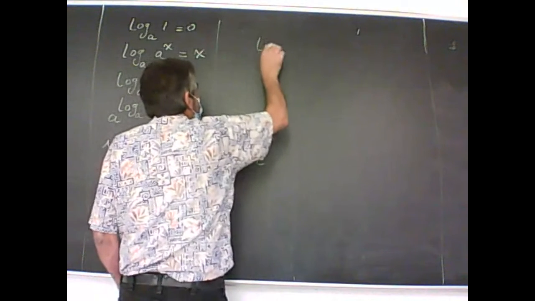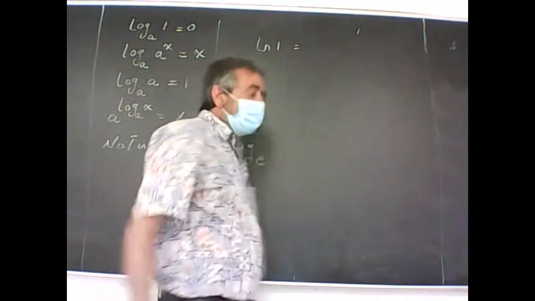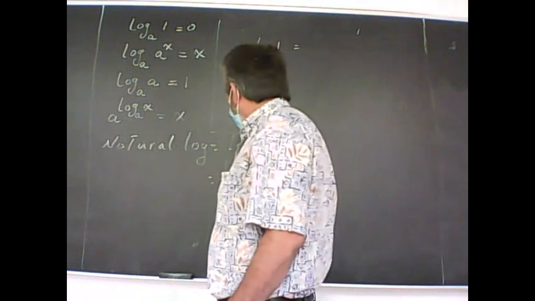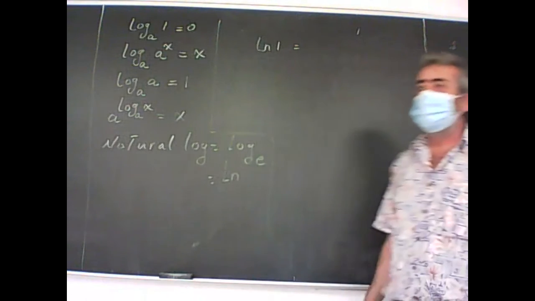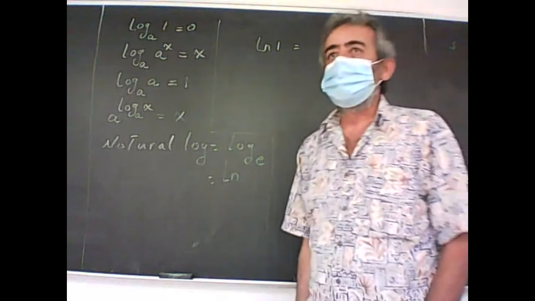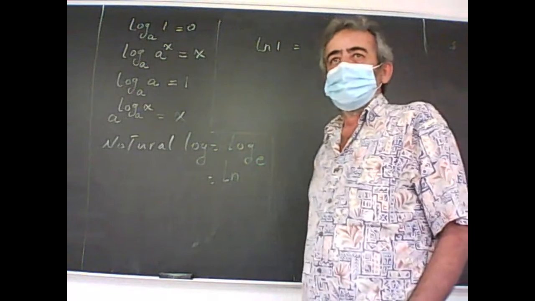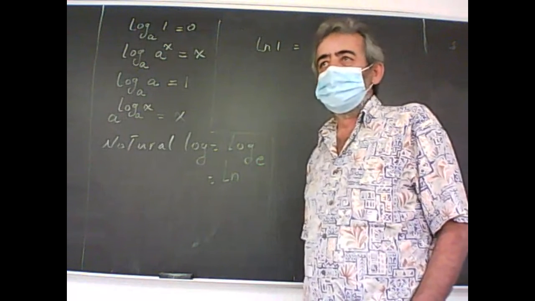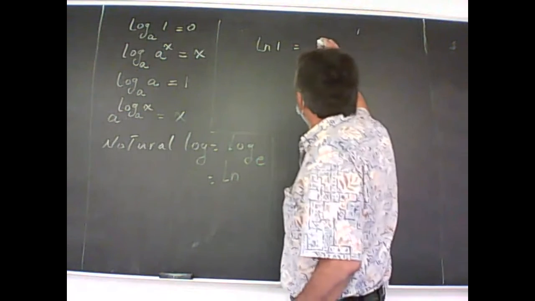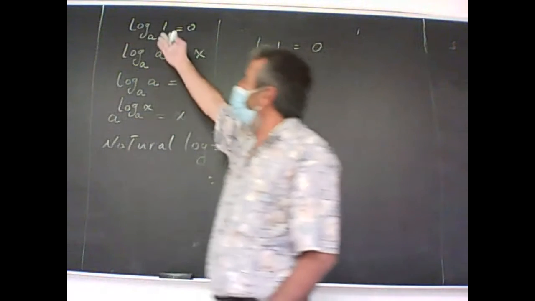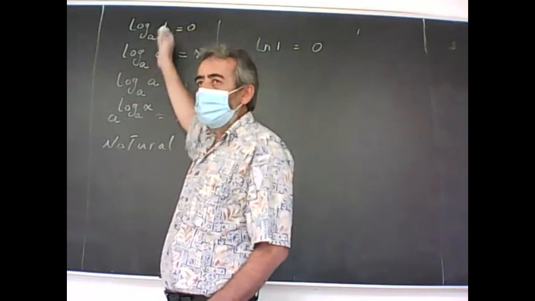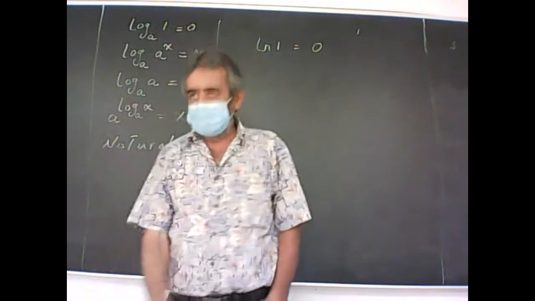So what is ln of 1? Usually natural log is written as ln, that's on your calculator. So now what is ln of 1? Zero. And still those rules apply. Remember, log of 1, any base, is equal to 0.